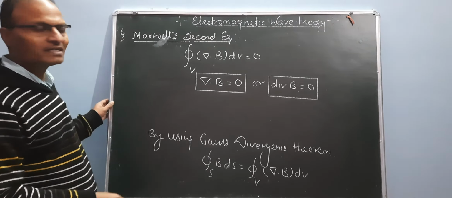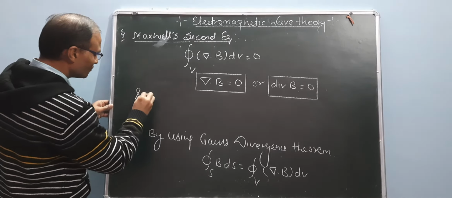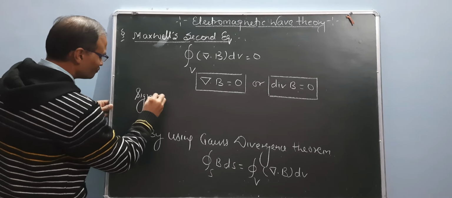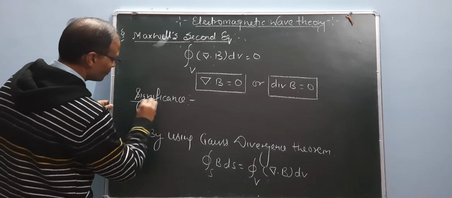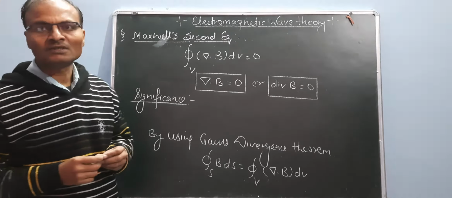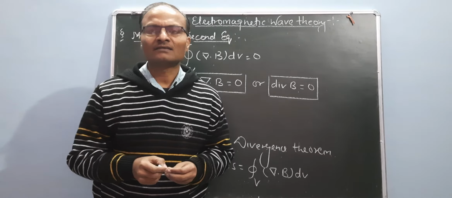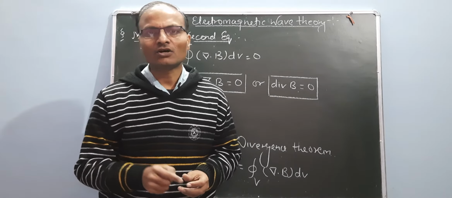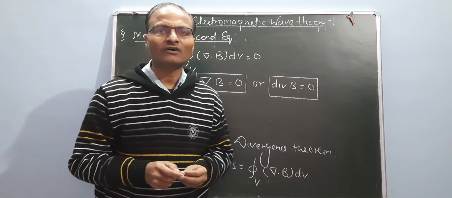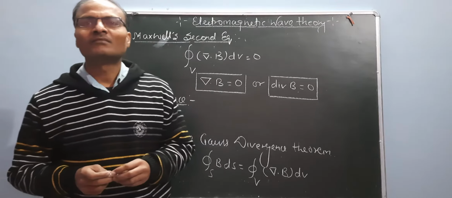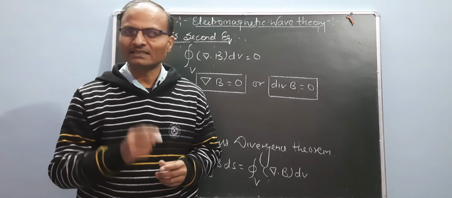What is the significance? The significance of this Gauss law of magnetism is that the magnetic monopole does not exist in nature. What is the significance?